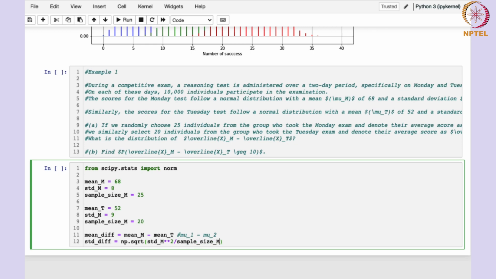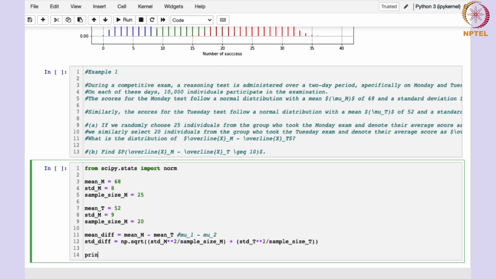One more bracket would be there because first this will be solved, then plus the same quantity for Tuesday, sigma 2 square over n2. So here, instead of m, you will have Tuesday, and the sample size will also be for Tuesday.